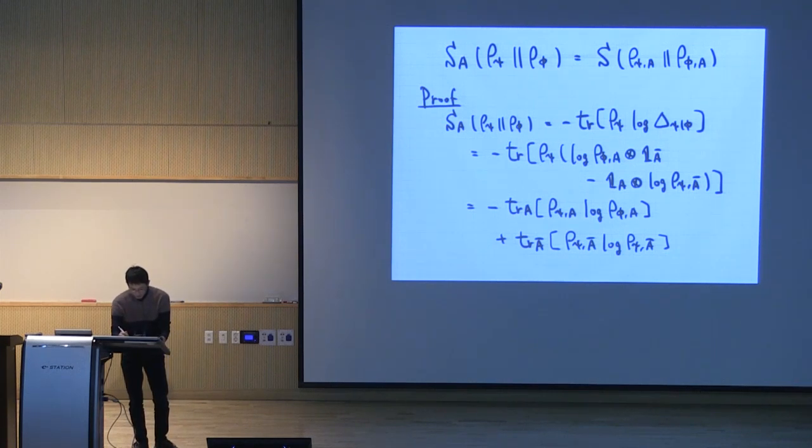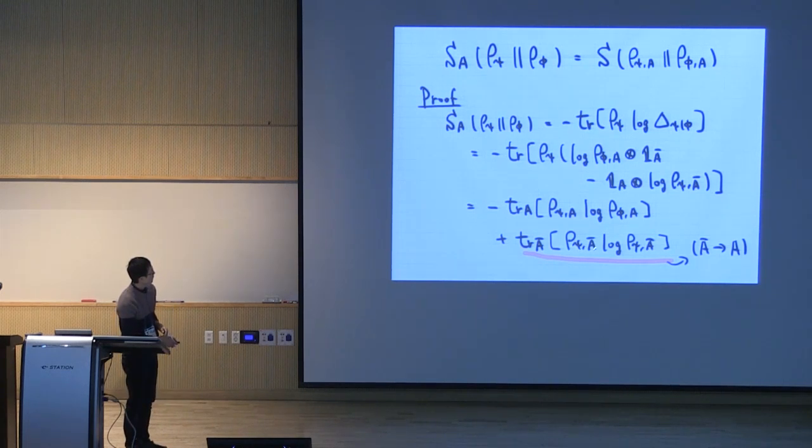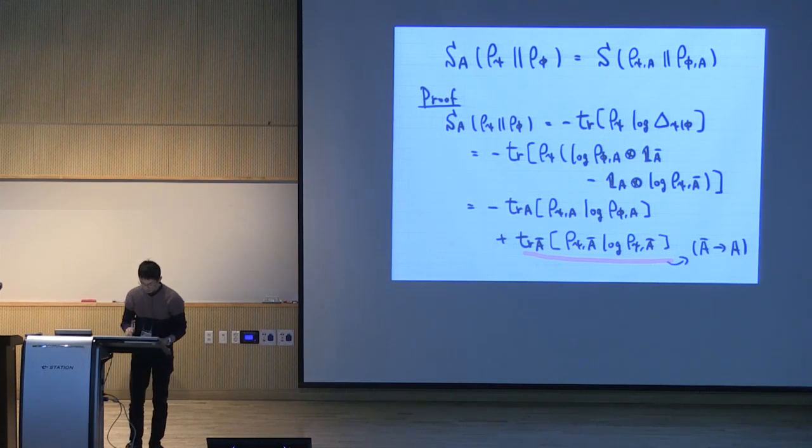Using the Schmidt decomposition, this part equals the same expression with A bar replaced by A. You can convince yourself that you can switch the roles of A and A bar.